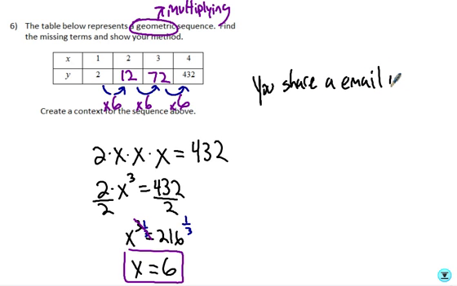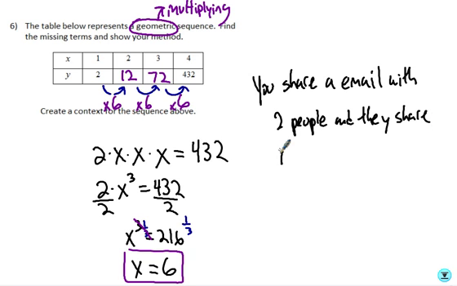Share an email with 2 people, and then they share it with 6 people. And then those 6 people share it with 6 more.